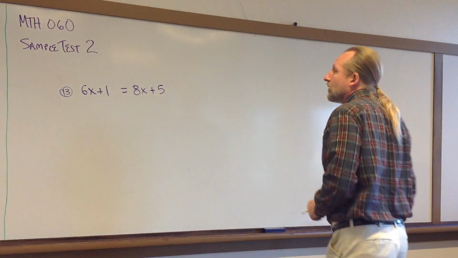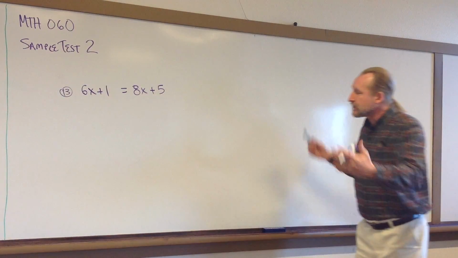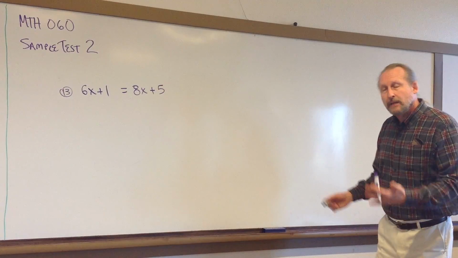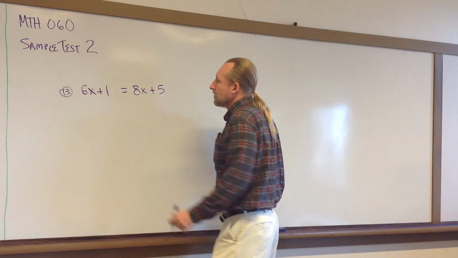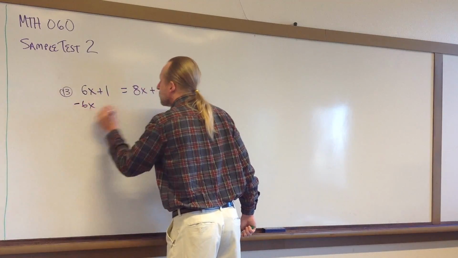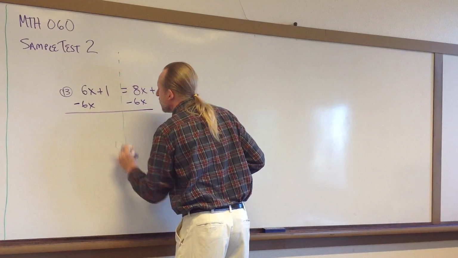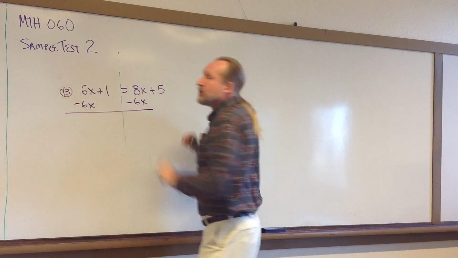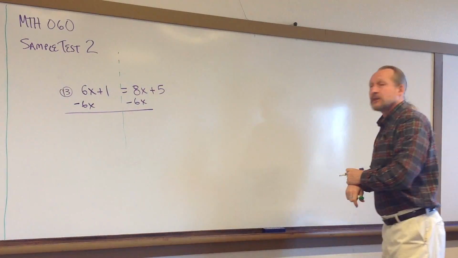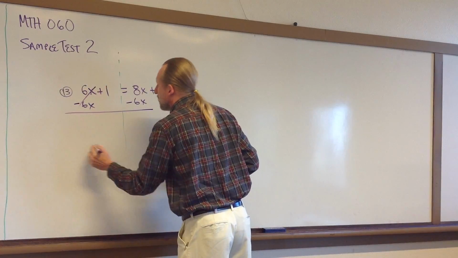Okay, so here we've got variables on both sides. So we want to collect them all on one side. I'm going to move this 6x over to be here with the 8x. And to do that, I'm going to subtract 6x on both sides. It's always important to make sure you do it on opposite sides and not twice on the same side. So that'll cancel this out over here.